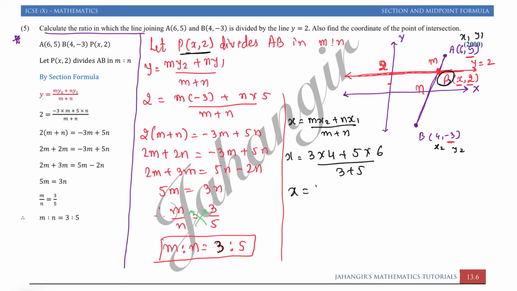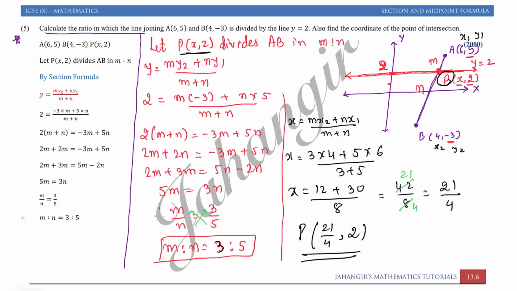So x equal to 4 3s are 12 plus 6 5s are 30 upon 8, 42 upon 8. That can be written as 21 upon 4, as 2 21s are cancelling out. So therefore P's coordinate is 21 by 4. You are not supposed to write in mixed fraction. We had already discussed, do not write this type of coordinates in mixed fraction. So final answer, point of intersection is P, that is 21 by 4 comma 2.